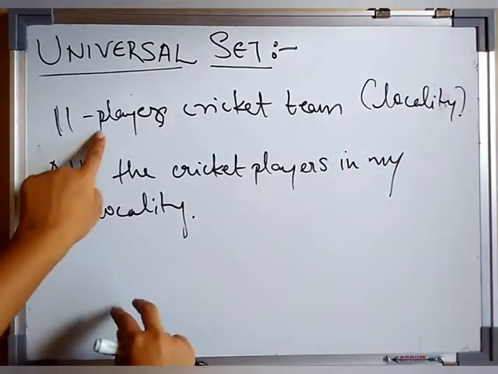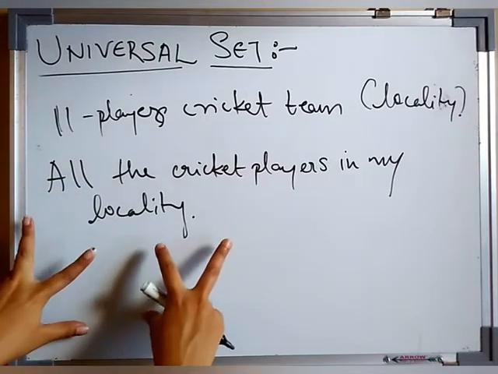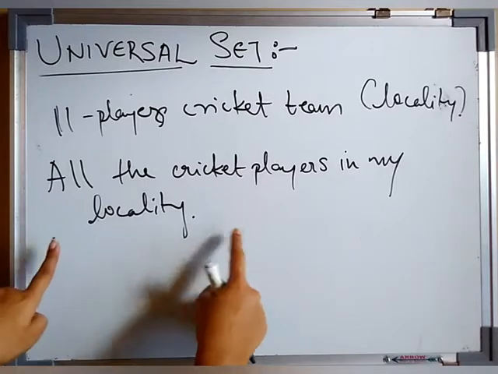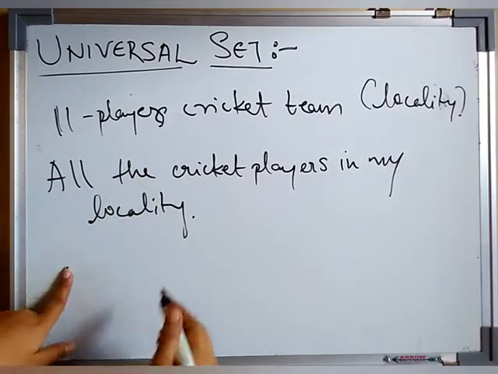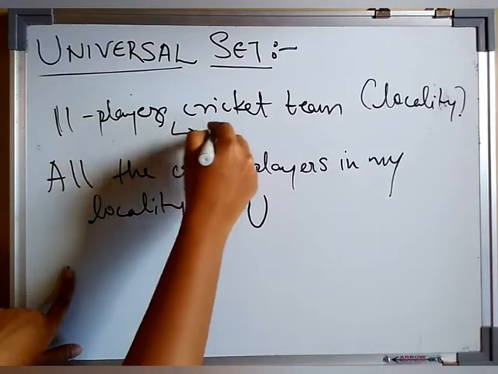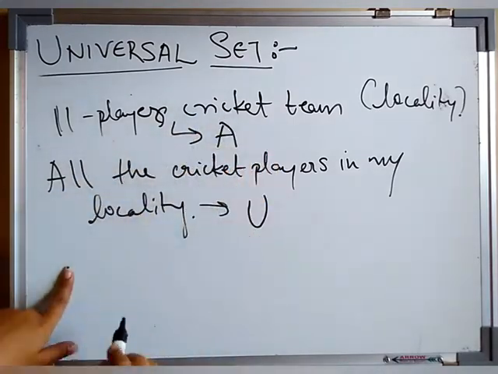Okay, I want to form an 11-player cricket team in my locality. Then the universal set will be all the cricket players in my locality, and from them I will choose 11 players. So this will be my universal set, and this will be a subset of the universal set.